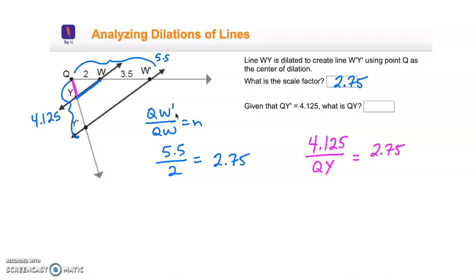And this is a proportion. We can set that over 1, and we can cross multiply and divide. So 4.125 divided by 2.75 is going to equal 1.5. So that would be the length of QY.